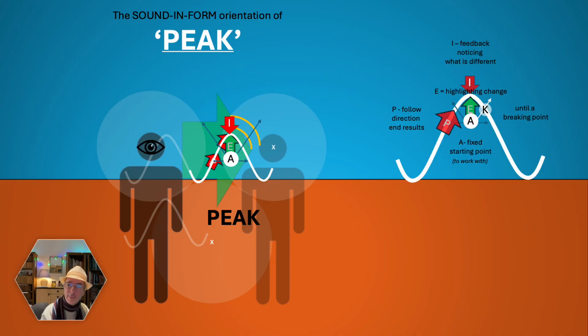Here I have described even more, so we start from P, we follow the directions towards the end results. We have the E, or the highlighting change that we go towards as the result, combined with A as a fixed starting point where we should also be able to work with, where we will also receive in the sound its feedback that we can really notice there what is different.